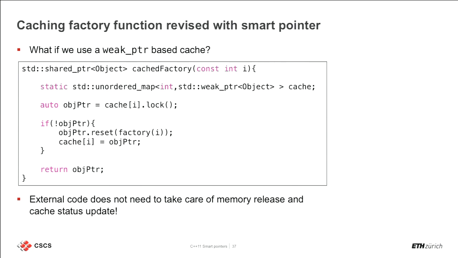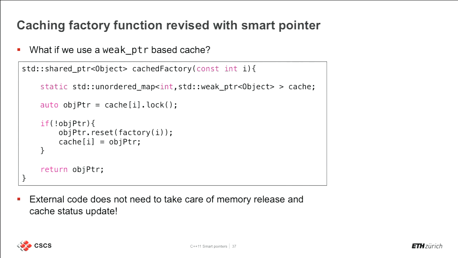The other case is when for the value of the input parameter you already have a weak pointer which is not expired, because you have already called this function somewhere in your code for the same input parameter. In this case, you will get a shared pointer here which is not a null pointer. It is a valid shared pointer, and you will skip this if block.